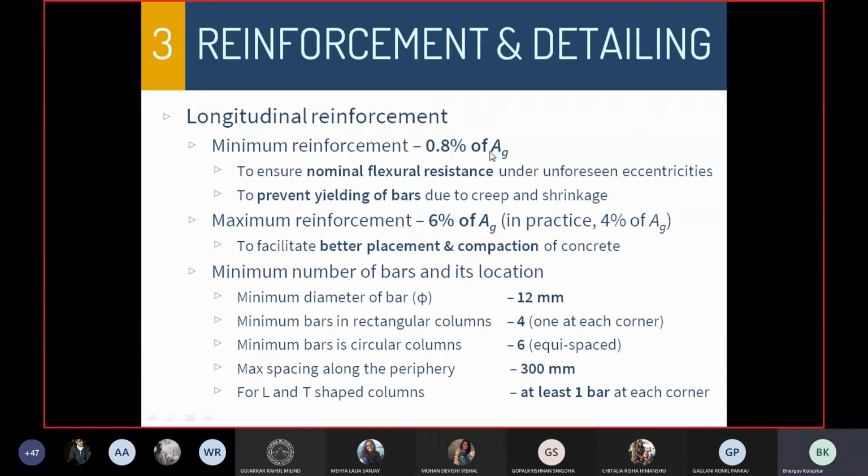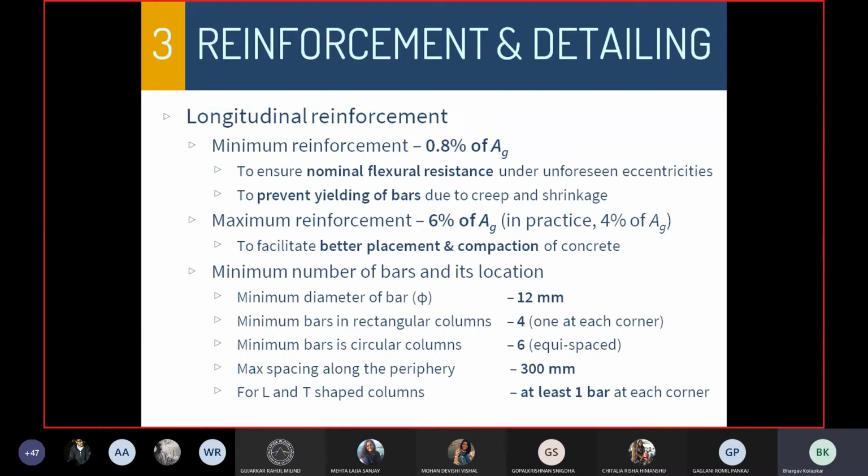Now the question is why? We already know that concrete is good in compression. So we could just right away have a concrete column without reinforcement. So why is it that the code says that there has to be a certain amount of minimum reinforcement?